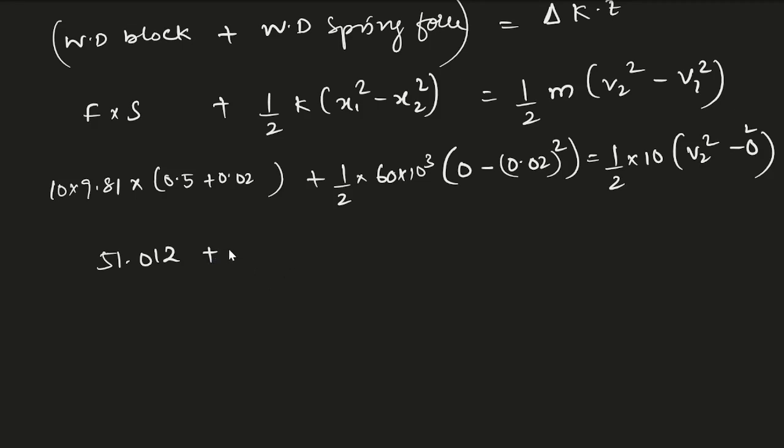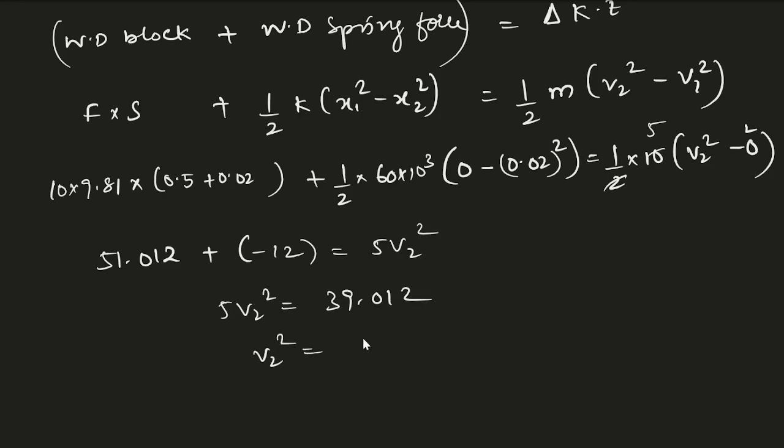This is minus 12. This is equal to 5 v2 square. So 51.012 minus 12 equals 5 v2 square, which gives us 39.012.